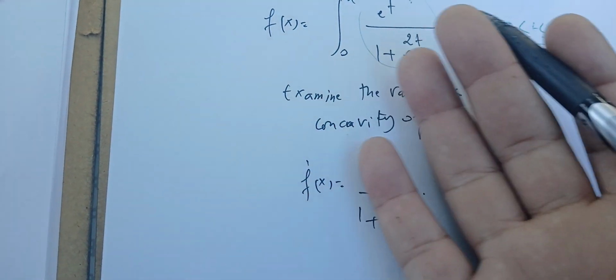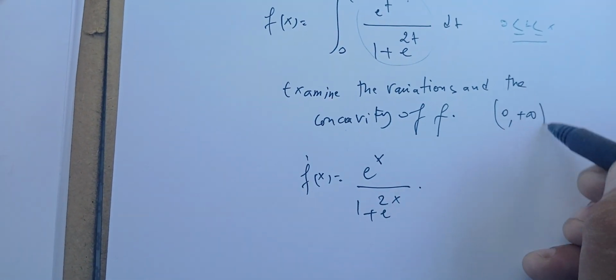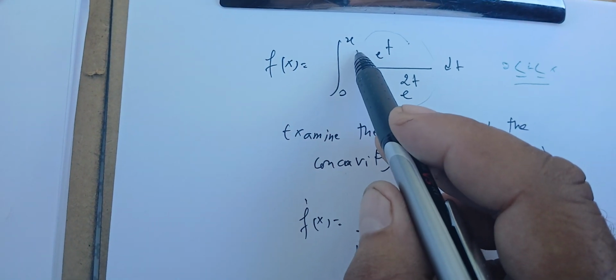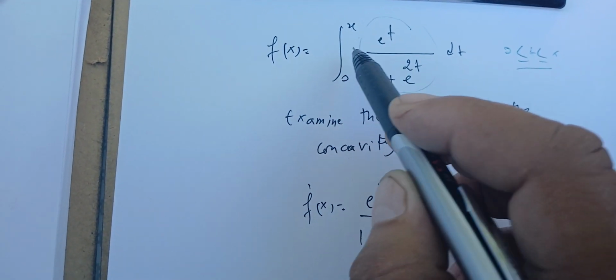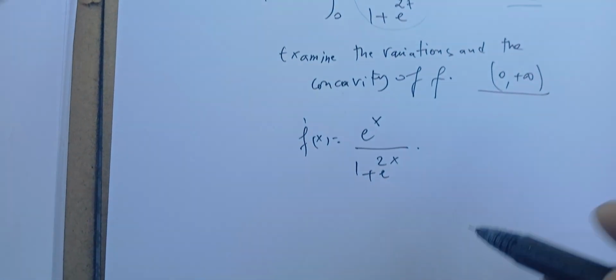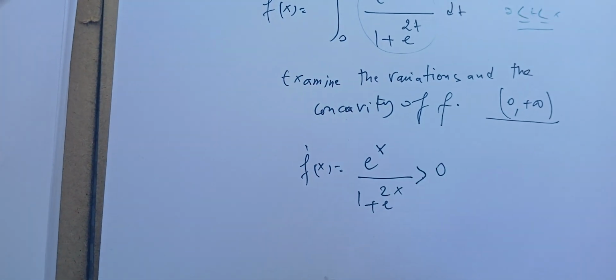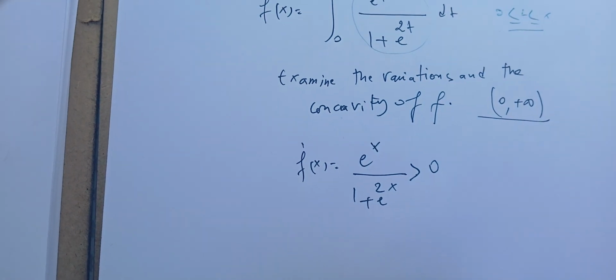Since we want to study the variations on the interval 0 to plus infinity, because our x is positive, we see that this one is bigger than 0. In fact, it's strictly bigger than 0.